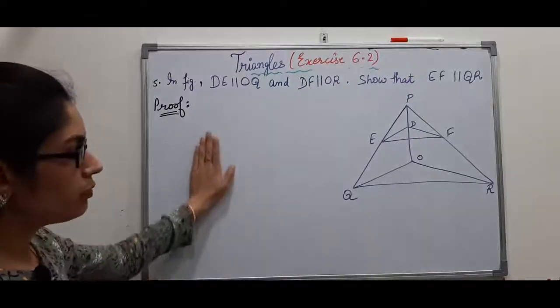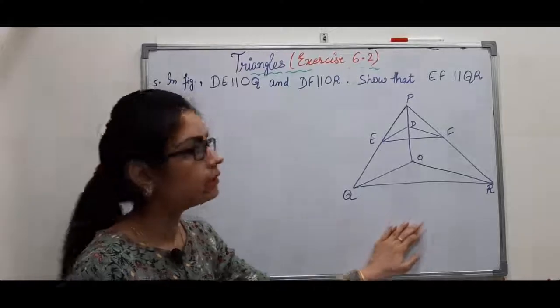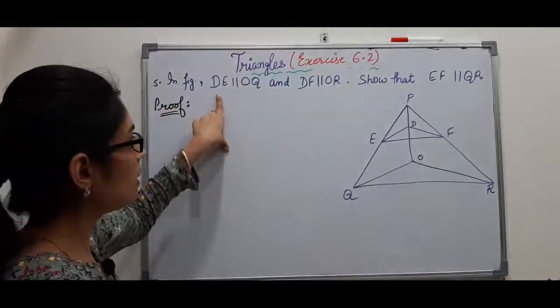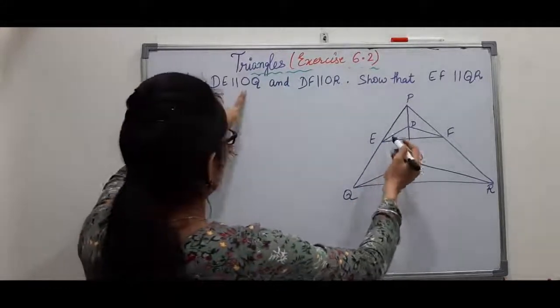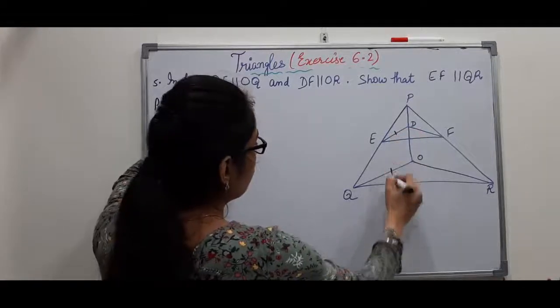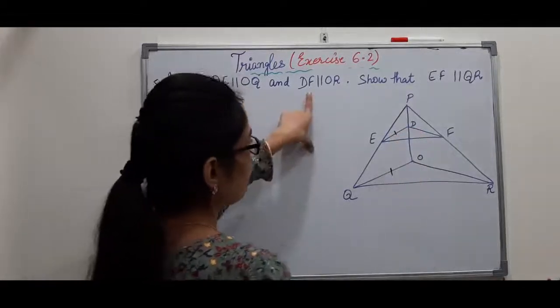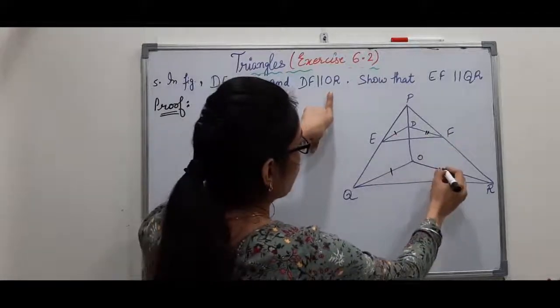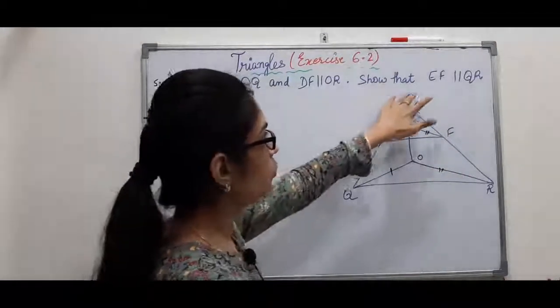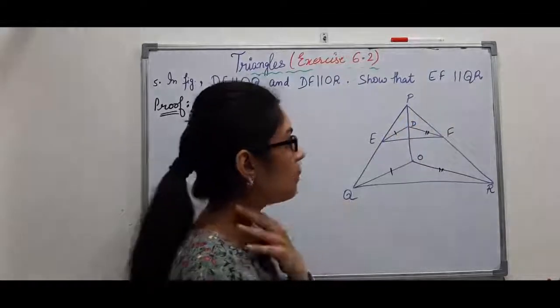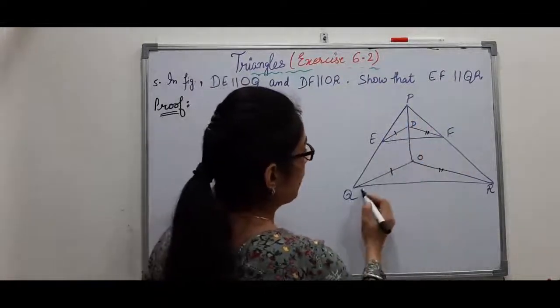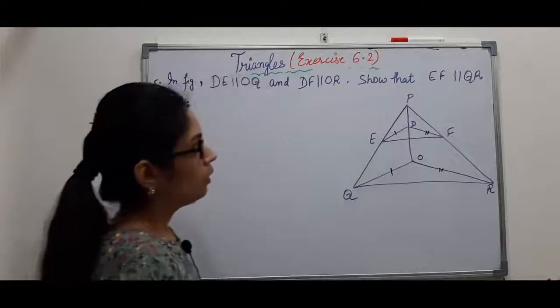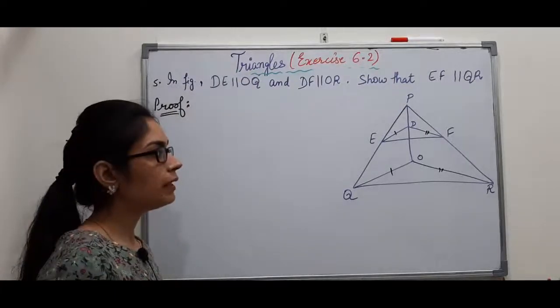In question number 5, this figure is given to us, and it's given that DE is parallel to OQ, and DF is parallel to OR. So we have to show that EF is parallel to QR. See, very simple again.